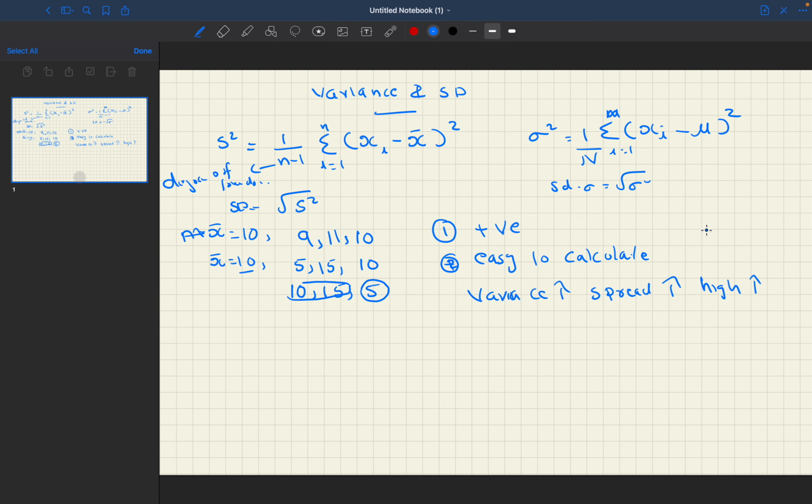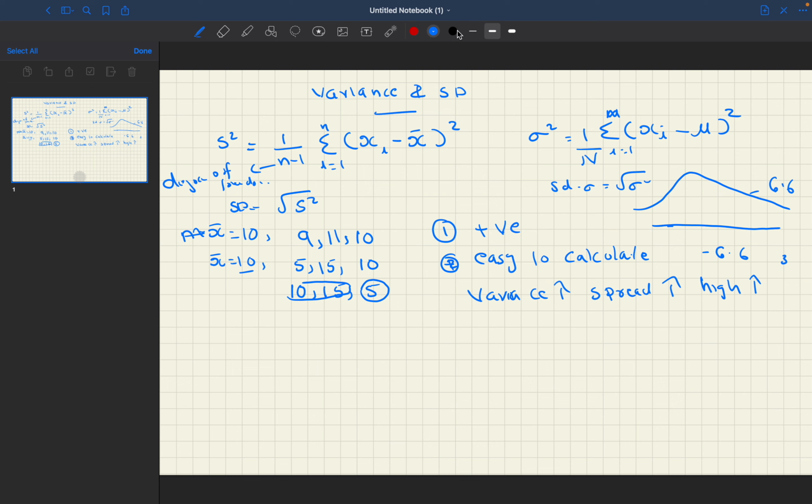Okay, so we can draw something like this. If the variance is high, maybe consider that the variance is 6.6, we can draw the distribution something like this. Consider this is for variance 6.6. Now consider the variance is 3.3.